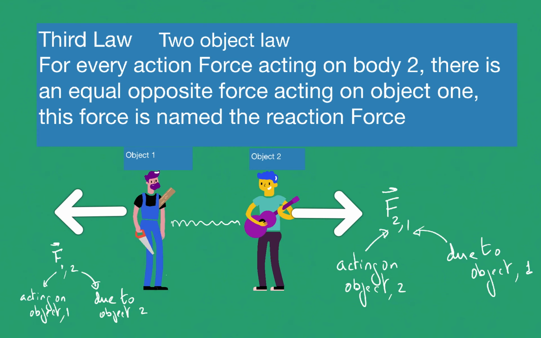So whenever you try to push someone, they will push you in this direction. So for every action force acting on body 2, there exists an equal and opposite force acting on body 1, and this force is the reaction.